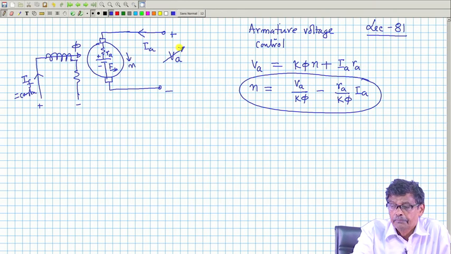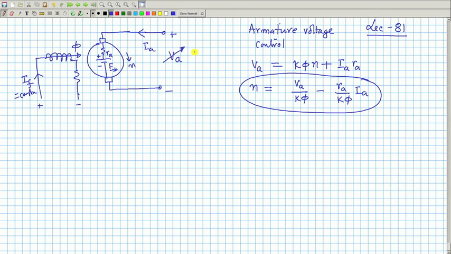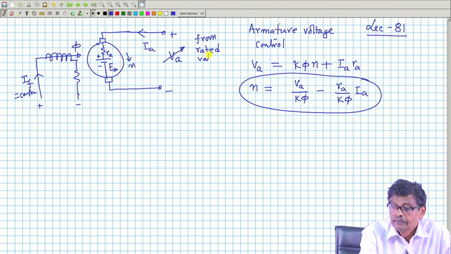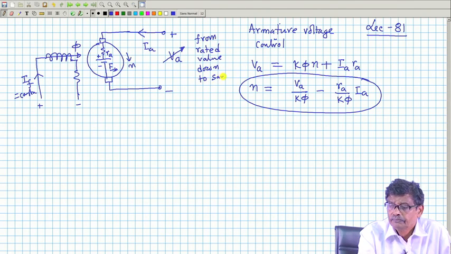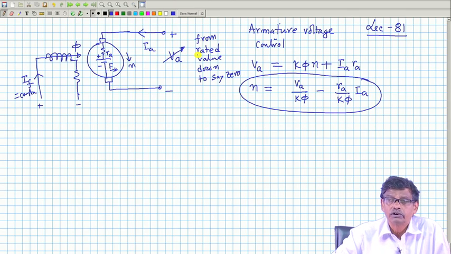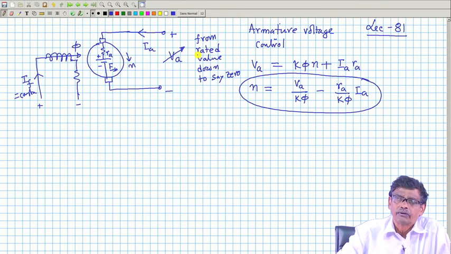So its highest limit of variation of V A is the rated voltage, and I will control this voltage V A from the rated value down to say 0, very small voltage, that will be the range of variation of V A. I should not apply a voltage greater than the rated value, because its rating will be exceeded, there will be insulation problems, things like that.